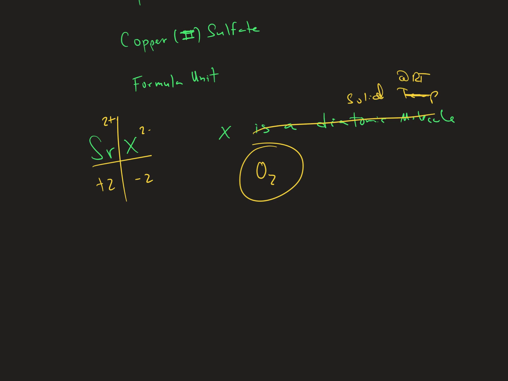Anything in group 2, right? Is it oxygen? How do you know? It's not solid. Oxygen is a gas at room temperature. So what would you guess? Maybe sulfur, right? And maybe we wouldn't even know that, and that's okay.